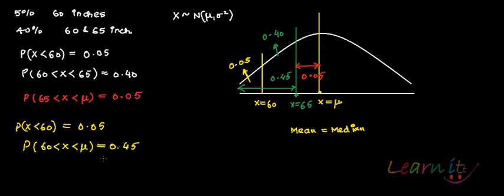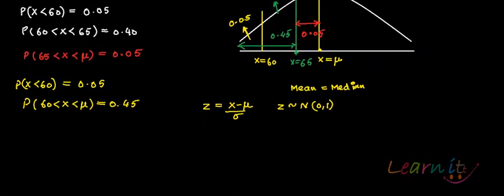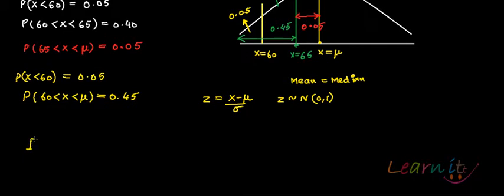So what you have to do is convert these two equations into a standard normal variate. What is a standard normal variate? Standard normal variate is z, which is given by x minus mu upon standard deviation, where z is normally distributed with mean 0 and variance 1. I'm converting the first one first: P(65 less than x less than mu) is 0.05.